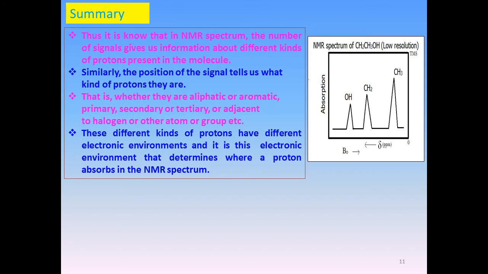These different kinds of protons have different electronic environments, and it is this electronic environment that determines where a proton absorbs in the NMR spectrum.